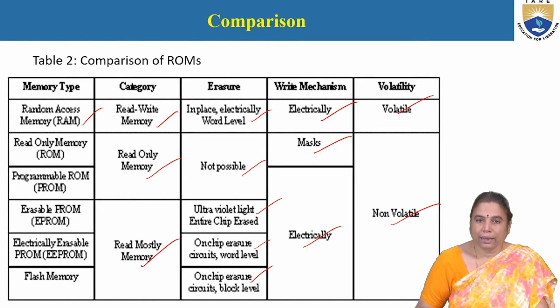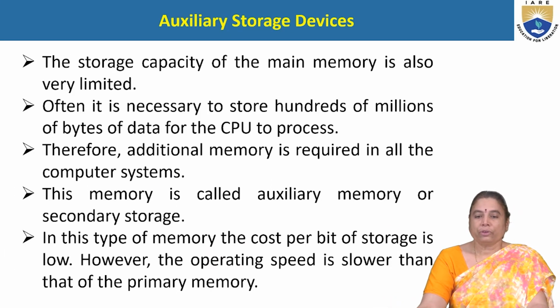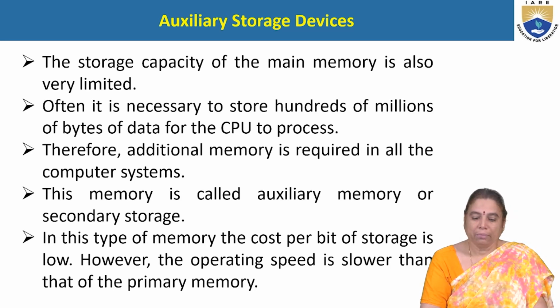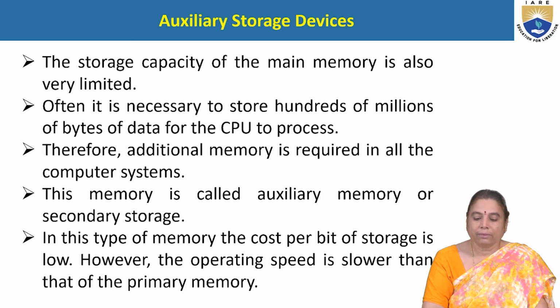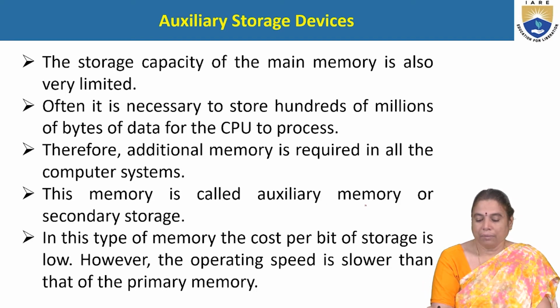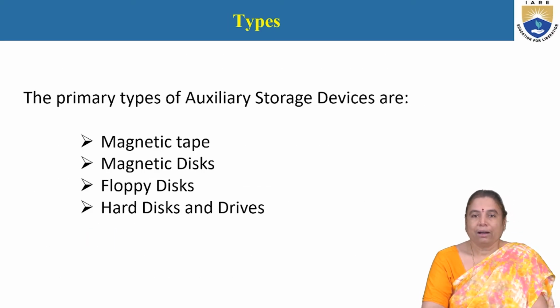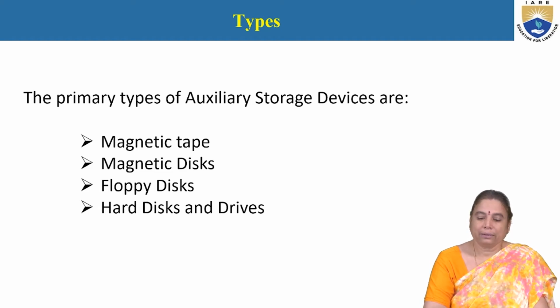Another category is the auxiliary storage devices. The storage capacity of main memory is very limited, so to extend this capacity, auxiliary storage devices are connected. Another name for auxiliary memory is secondary storage. A variety of auxiliary memory devices are there.